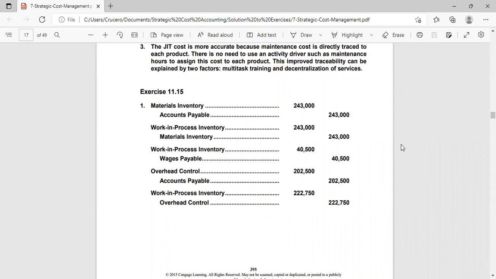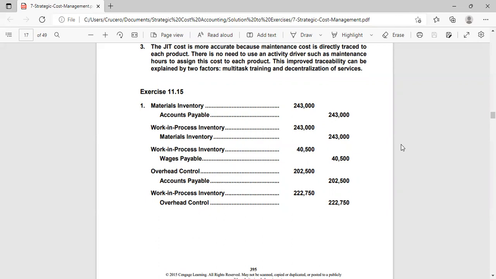During the month of June, the company had the following transactions: raw materials purchased, direct labor cost, overhead cost, conversion cost applied. So 40,500 labor plus 222,750 overhead. So we now have the conversion cost applied of 263,250.